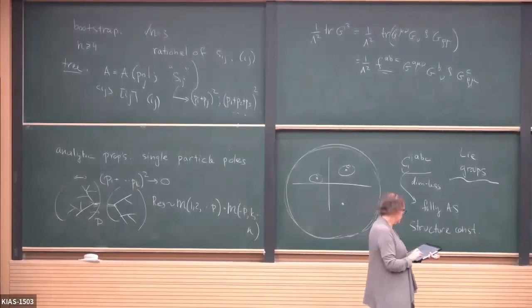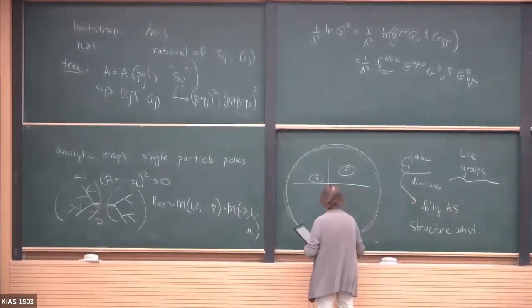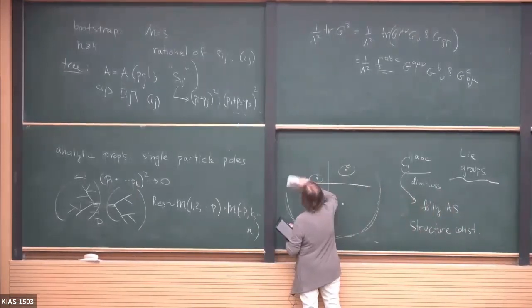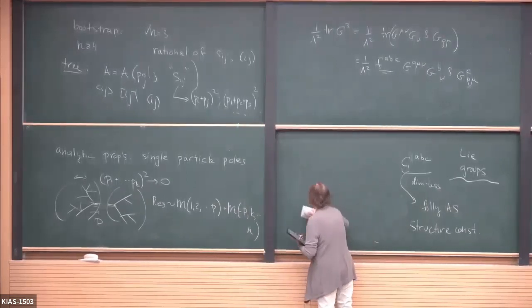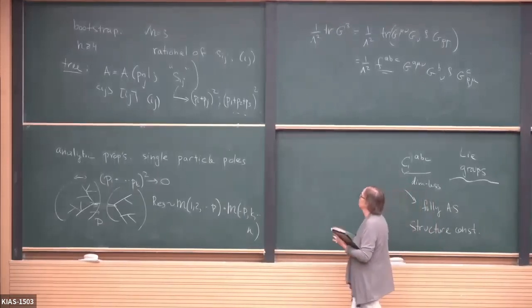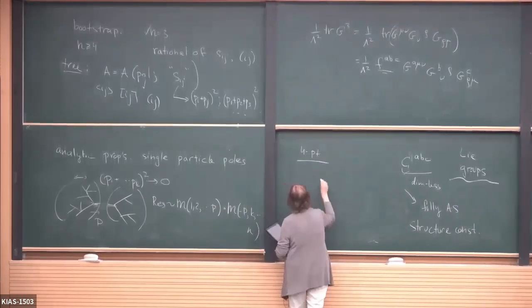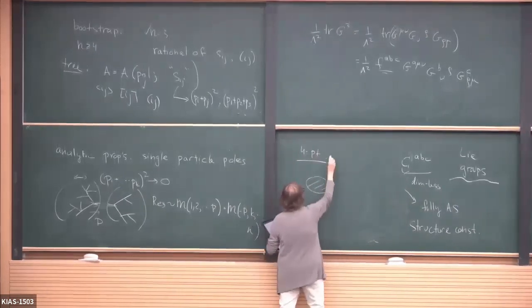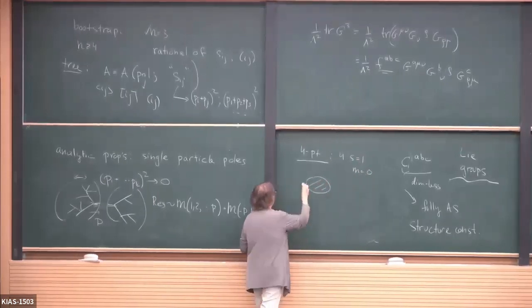But the next thing that I want to do is apply this completely by brute force to the case of 4-point gluon amplitudes. So we're going to look at a 4-point amplitude that involves 4 spin-1 massless particles.